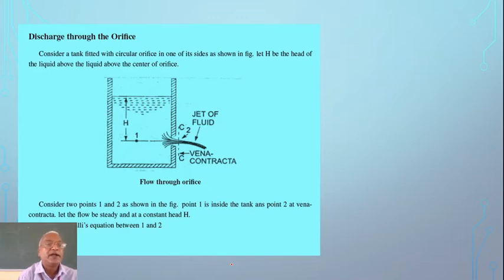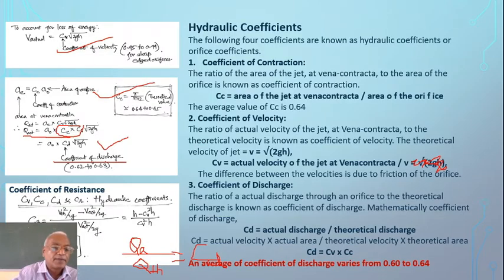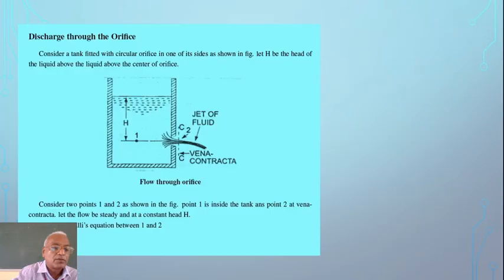Let H be the head above the center of the orifice. Now consider 2 points 1 and 2 as shown in the figure. Point 1 is inside the tank and 2 at vena contracta. Let the flow be steady and at a constant head of H.